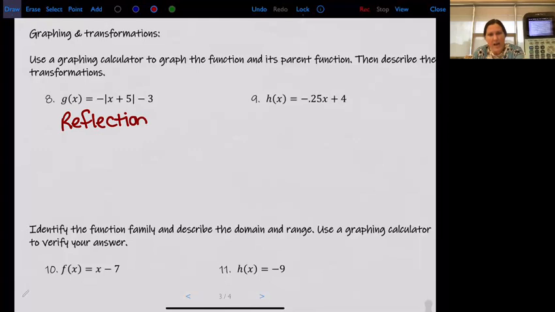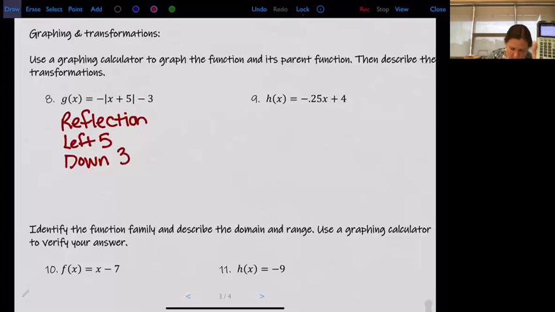And then instead of being at 0, 0, it looks to me like that point moved left 5. If I count from 0, 0 over to where that is, it was a horizontal translation, left 5. And then it moved down. It went down 3 units. So a vertical translation, down 3.